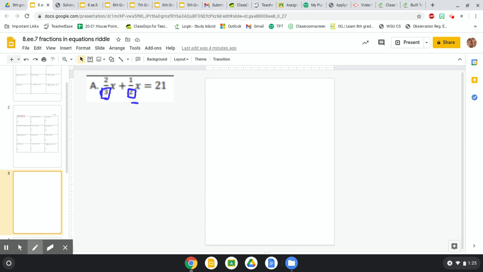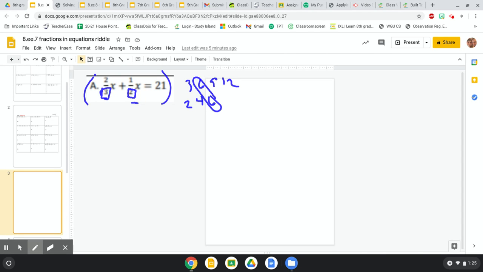The way that I think about this is, I have a 3 and I have a 2. I want to keep going up in multiples, so 3, 6, 9, 12, and so forth. 2 would be 2, 4, 6. Notice that 6 is the lowest common denominator that they have. So that is the number that I'm going to be multiplying this entire equation by.